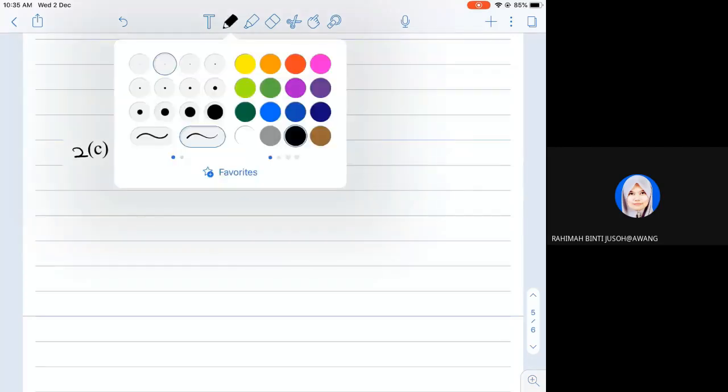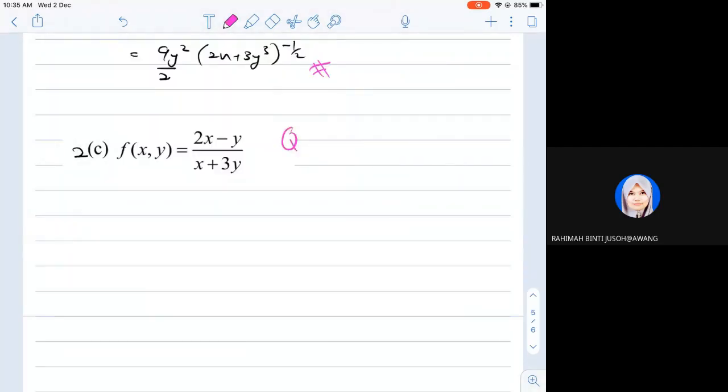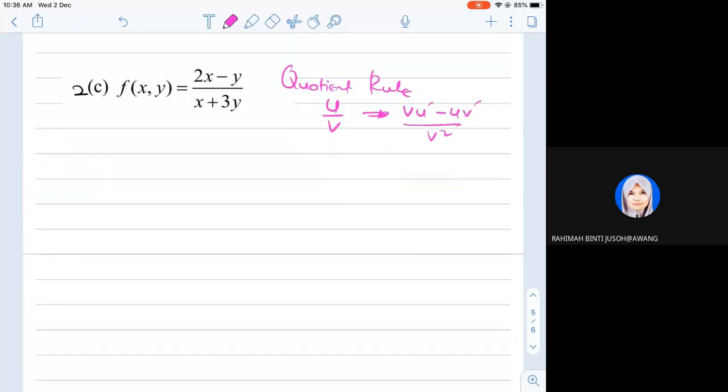So if you have a fraction type, we need to use the quotient rule. Quotient rule. If you have u over v, the quotient rule says you will have v u prime minus u v prime over v squared. Still remember, during your secondary school, you have learned about this.